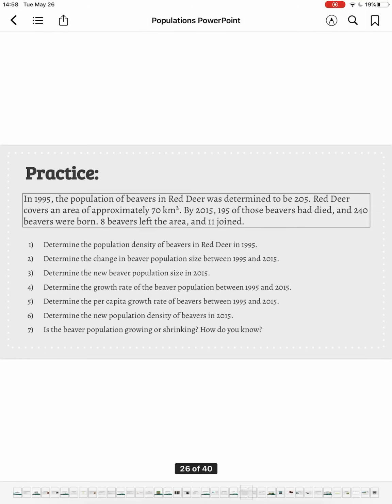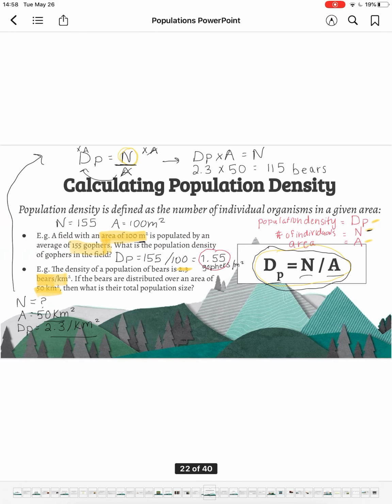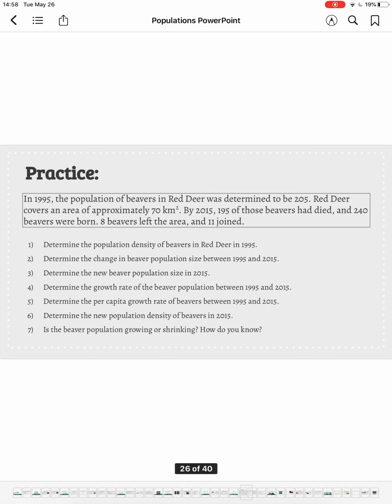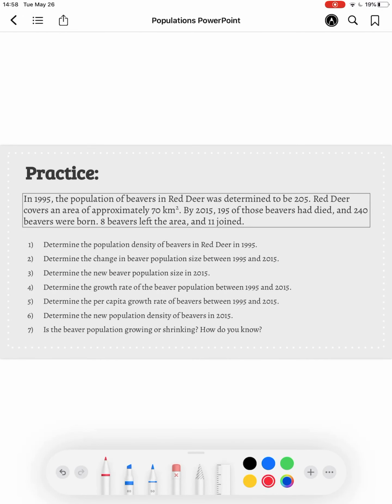So the first one is determine the population density of beavers in Red Deer in 1995. If I go back to here, they're asking us for population density, so we need this formula. dP is equal to N over A. I'm just going to write that there, and then I can fill in my information. They want us to know the population density, which is dP.